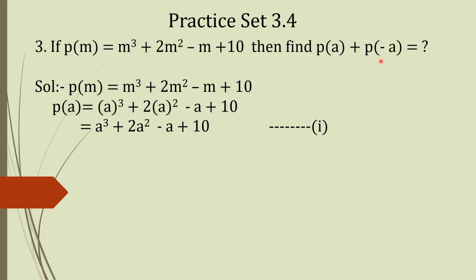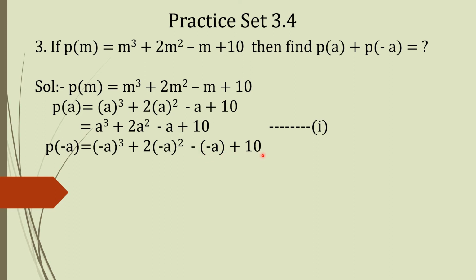Now let's find p of minus a individually. So for p of minus a, wherever the variable m is there, let's replace it by minus a. So minus a cube plus 2 in bracket minus a square minus in bracket minus a plus 10.